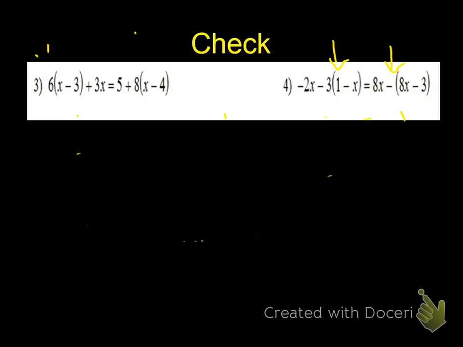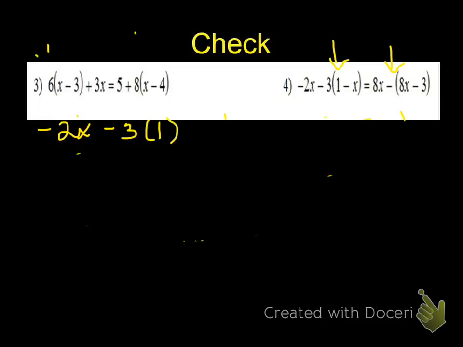So again, we'll start and write out with as much space as we can. We've got negative 2x minus 3 times 1.